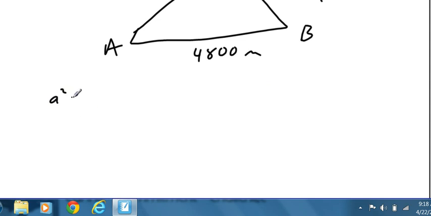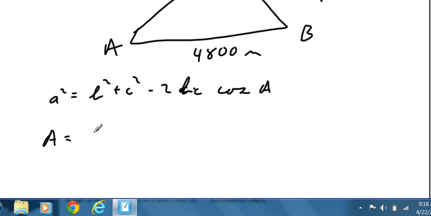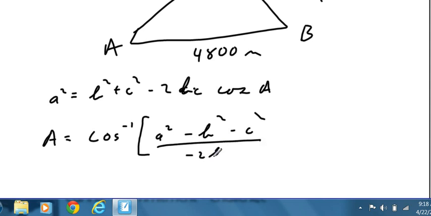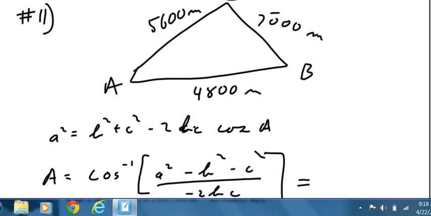If I have A squared is equal to B squared plus C squared minus 2BC cosine A, then I get that A is going to be the arc cosine of A squared minus B squared minus C squared divided by minus 2BC. And let's see if I can put that in my calculator without messing it up too bad.